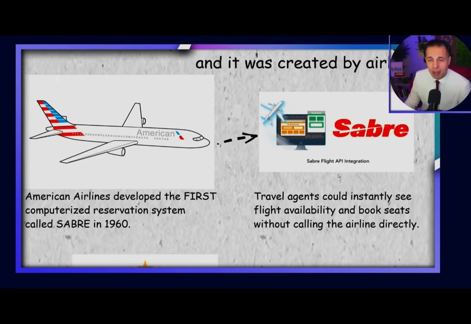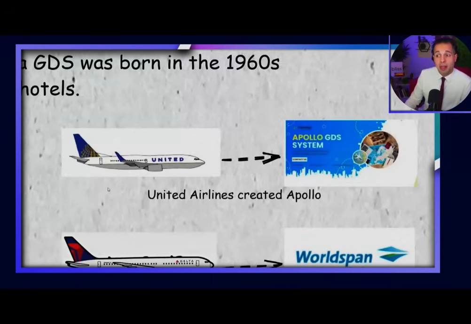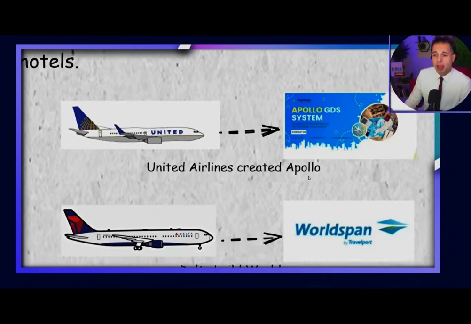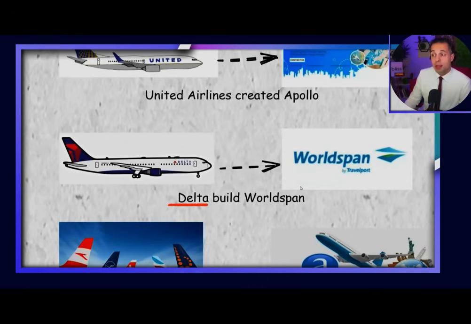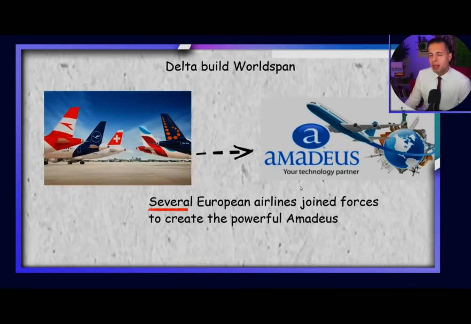And with that happening, you'll notice that other airlines wanted to jump on board and create something like this as well. So you'll notice that United Airlines created their GDS called Apollo. You have Delta, which built their GDS called Worldspan. And then you have several European airlines that joined forces to create the powerful Amadeus.